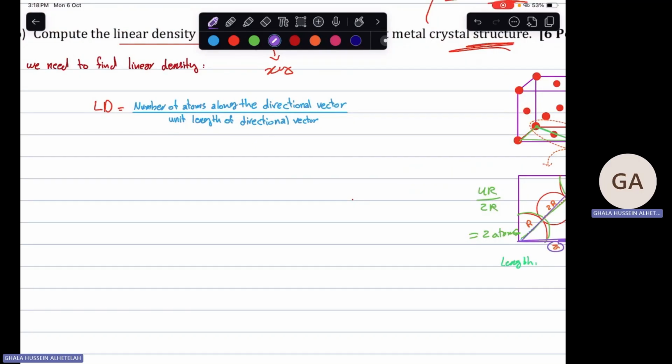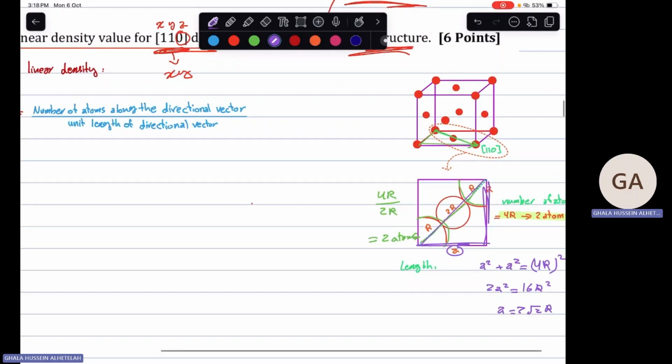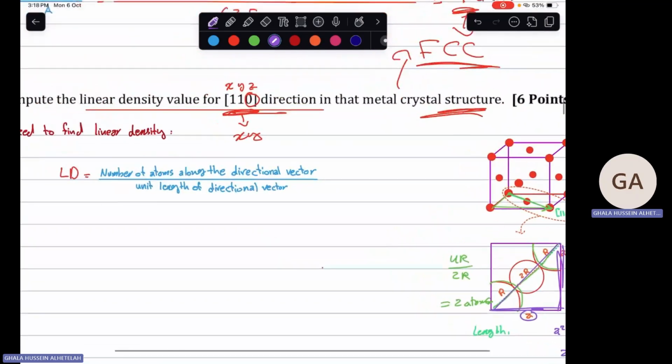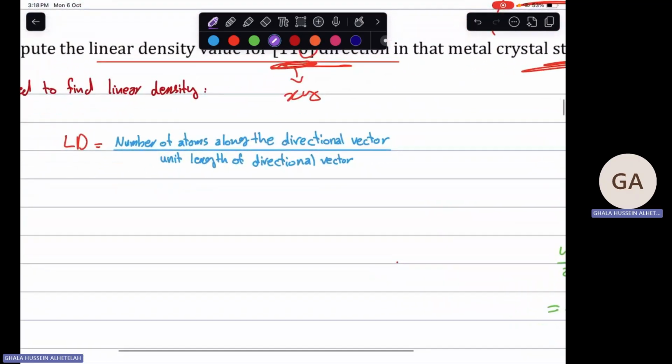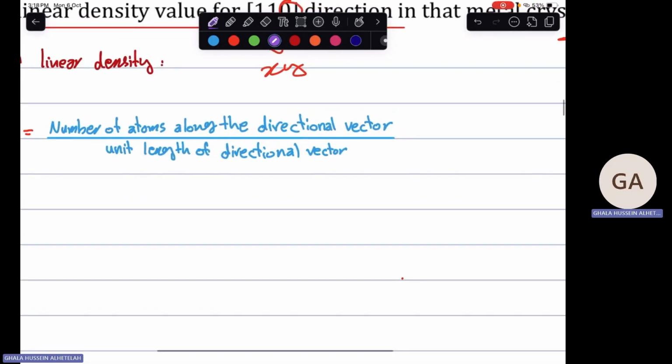Okay. Then after we get the length, what we have to do is just plug in this number in the equation. So the number of the atoms, we get, is equal to 2.